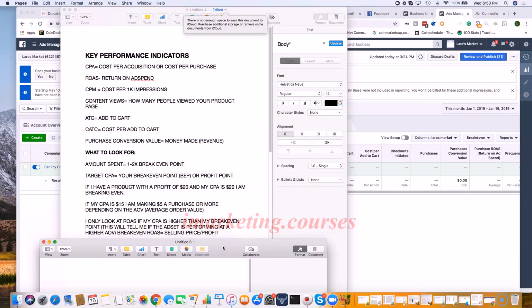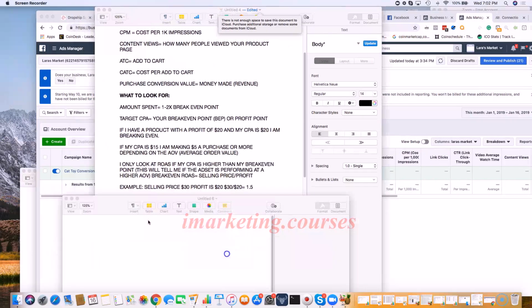I only look at ROAS if my CPA is higher than my break-even point. This will tell me if the ad set is performing at a higher AOV. Now, to calculate your break-even ROAS, you divide your selling price by your profit. So for example, if I had a selling price of $30 and my profit is 20, I divide 30 by 20 and that will tell me my break-even ROAS is 1.5.